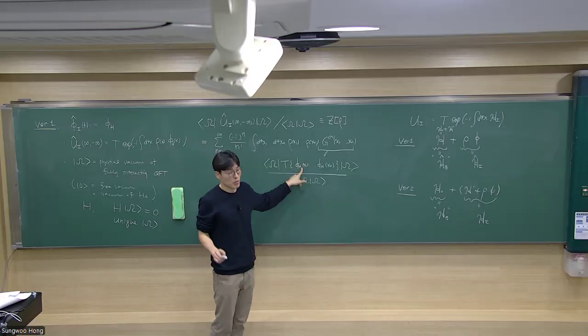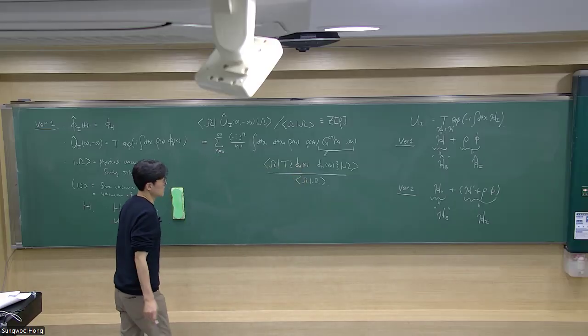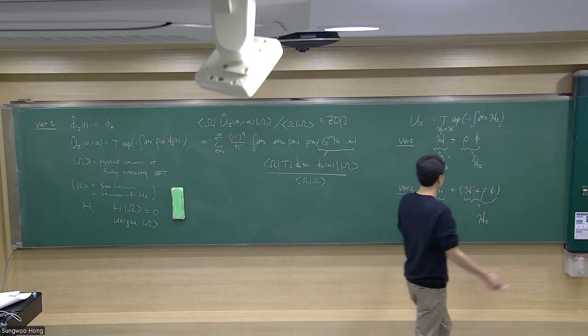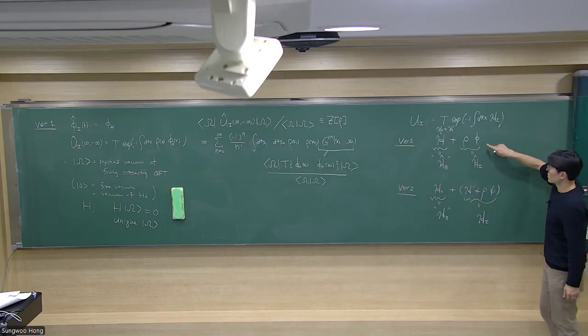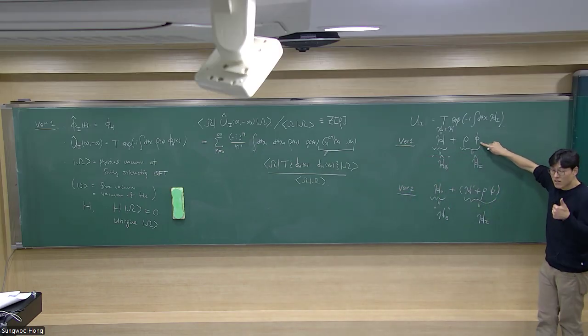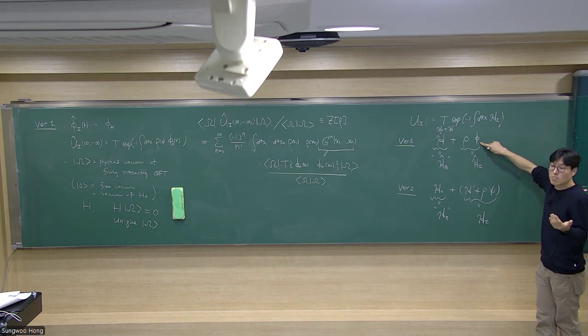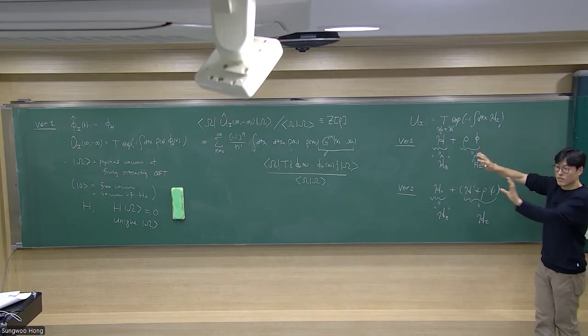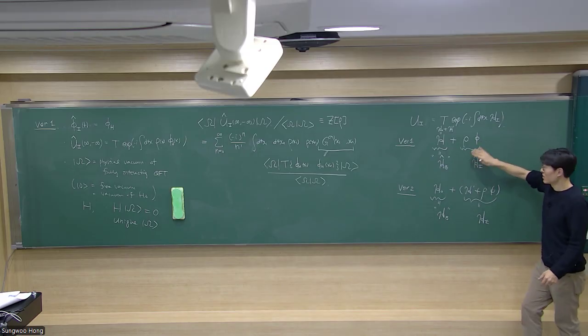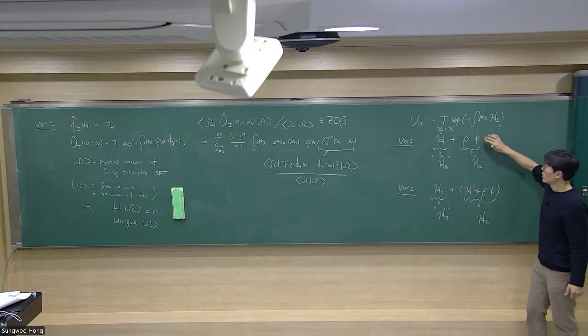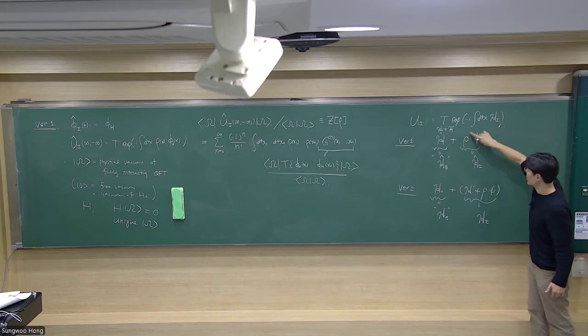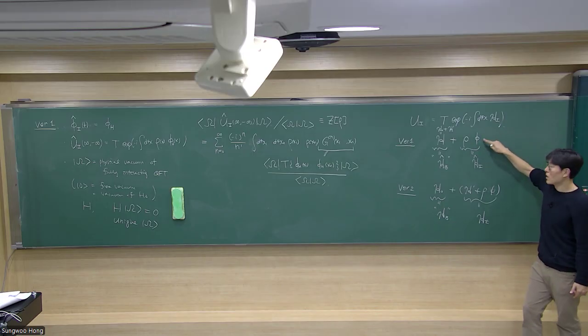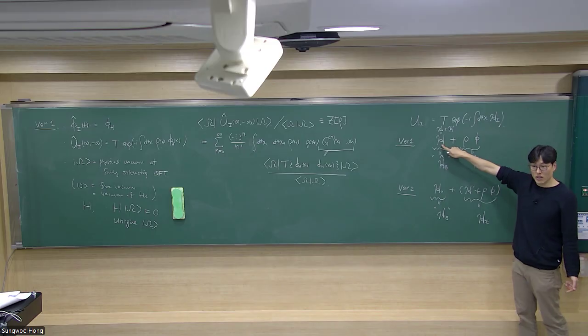Now, let me remind you of one thing. In this analysis, I didn't even need to assume that this is an elementary field, right? This may be some composite crazy operator of that field theory that I don't care about the details of. So this need not even be an elementary field appearing in the construction of the Hamiltonian.